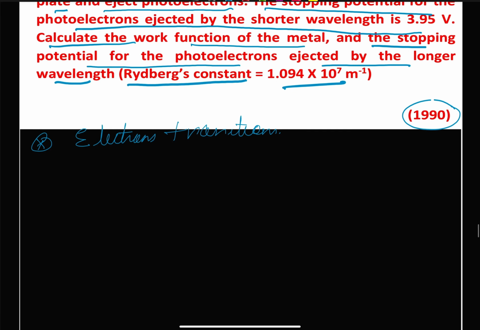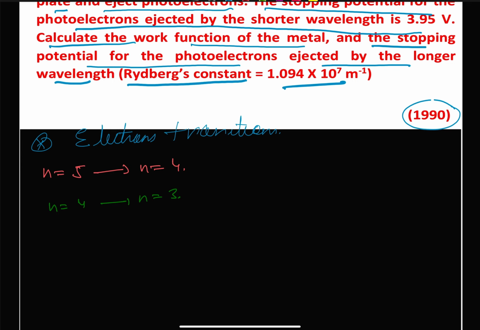We have electron transition from n equal to 5 to n equal to 4, and then n equal to 4 to n equal to 3.